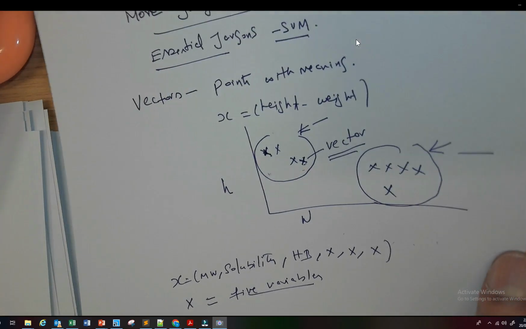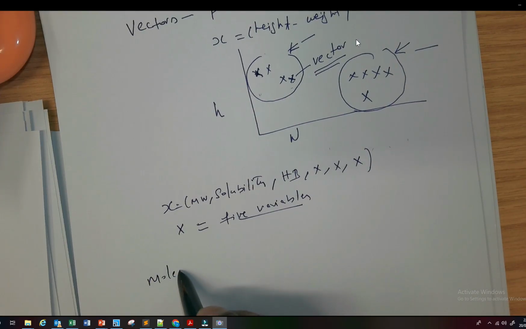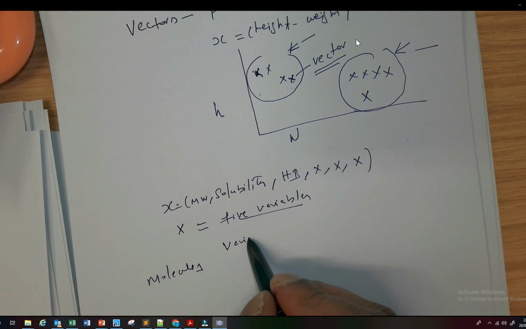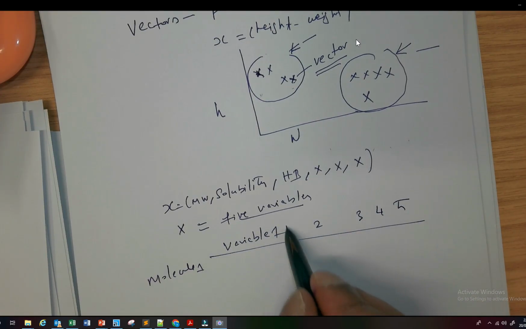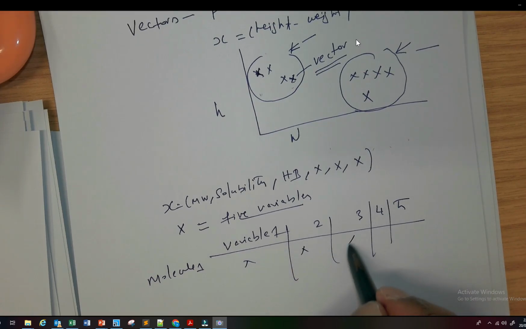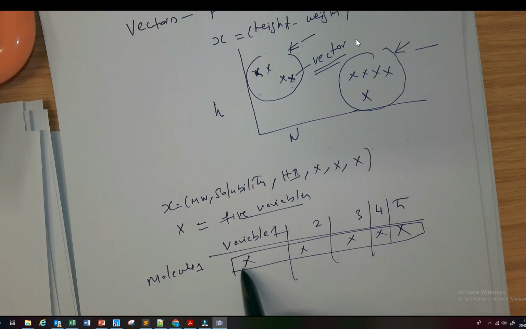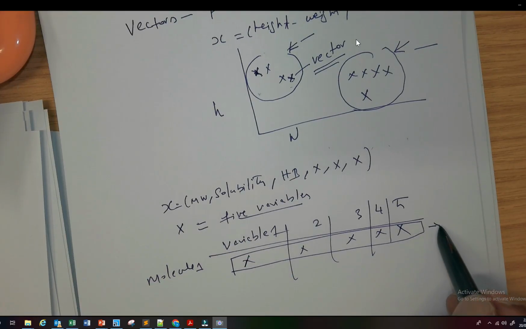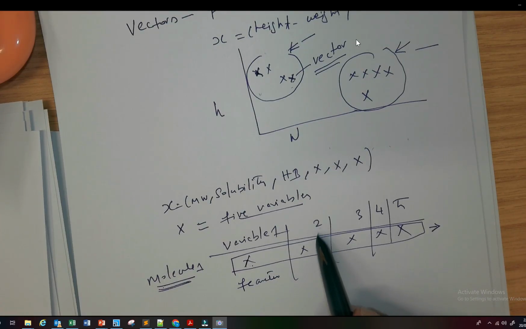In this case you have 5 dimensions, which means each point, let's say molecule 1, has variable 1, 2, 3, 4, 5. Whatever values we know about that molecule, all these values tell something about that molecule. So each dimension is one feature, another dimension is the second feature, third feature, fourth feature, and fifth feature.